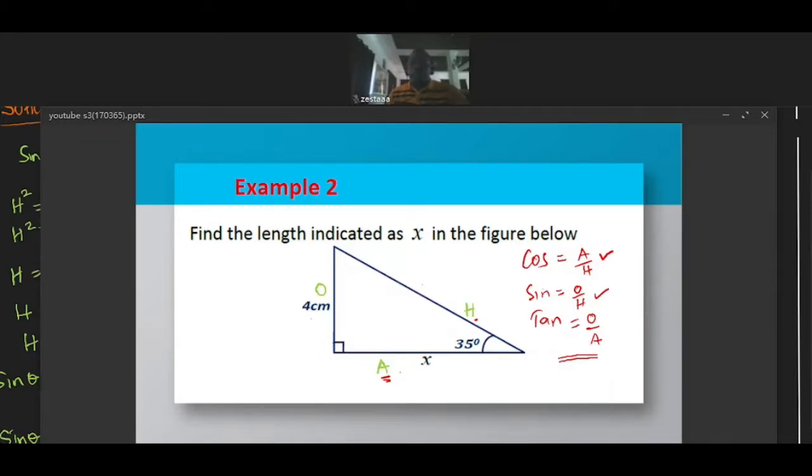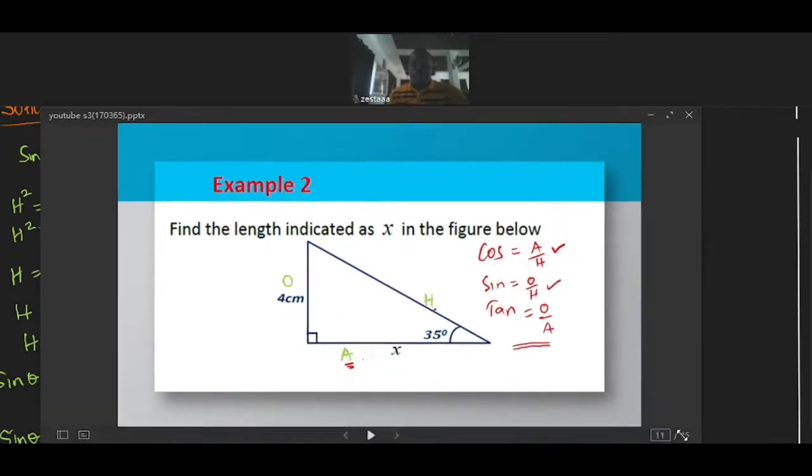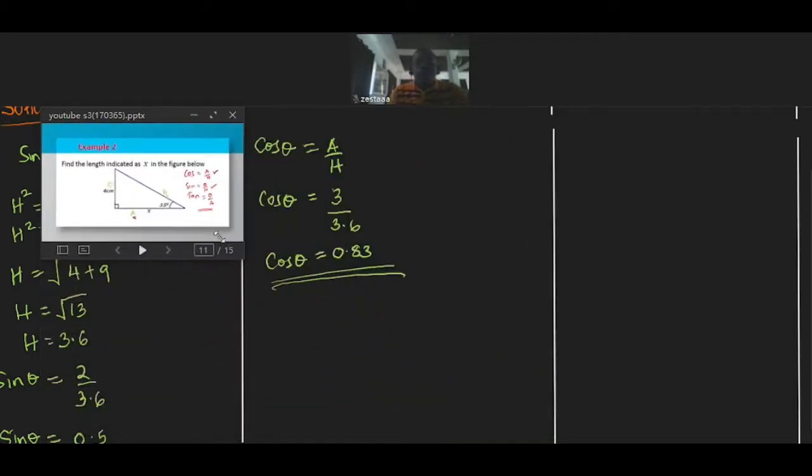So we are using the tan, and we have our angle at 35. So we go and write down our expression. So here we shall have our tan theta. We know that tan theta is equal to the opposite over the adjacent.